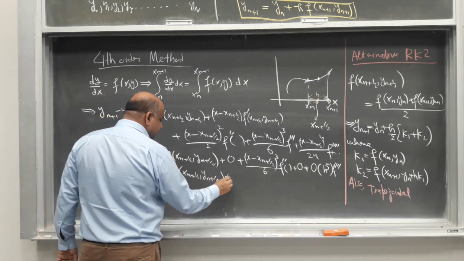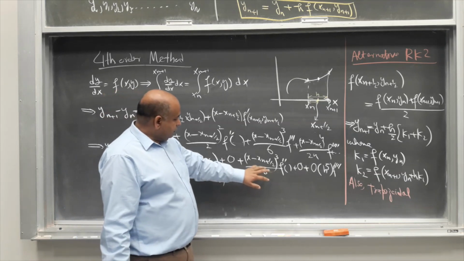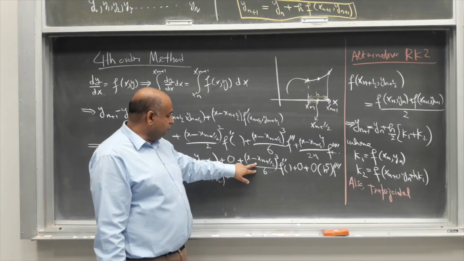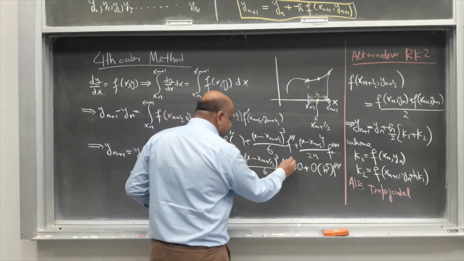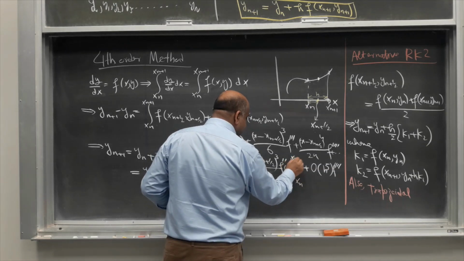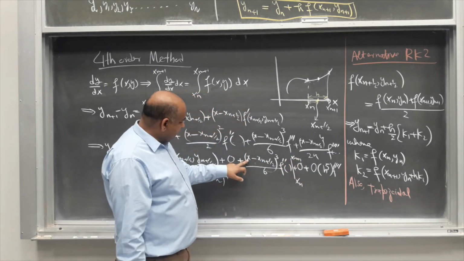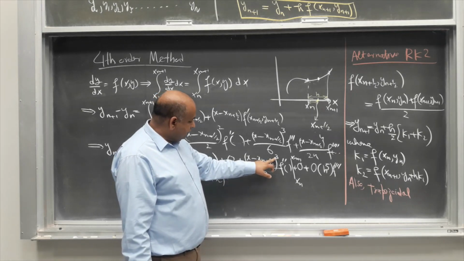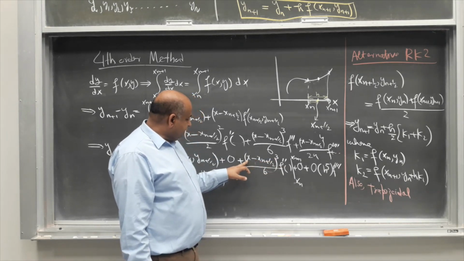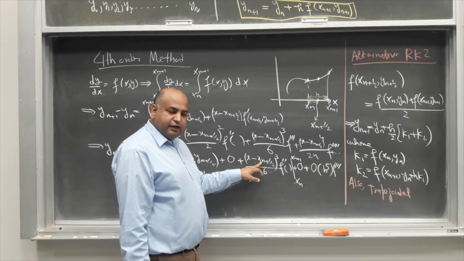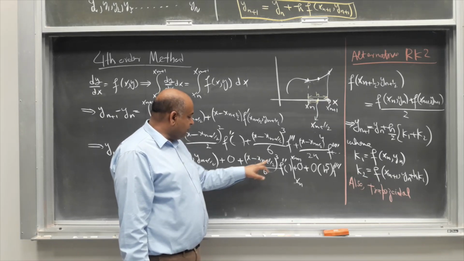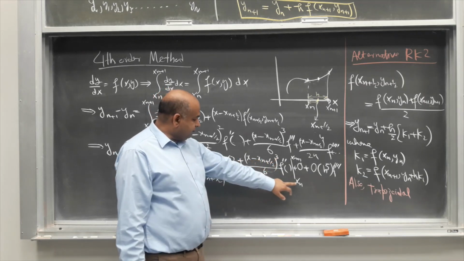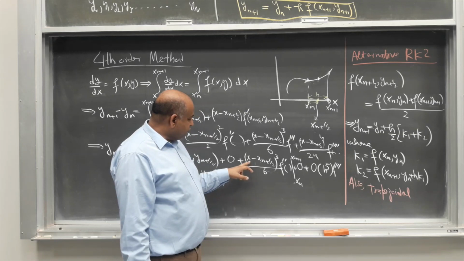yn plus half plus. Now, just as we did when we were developing Simpson's 1/3 rule, let's first put the limits xn to xn plus 1. So when we put xn plus 1 here, we will get h by 2 power 3. When we put xn here, we will get minus h by 2 power 3. And since there's a minus sign when we are putting this, we will have a total plus.